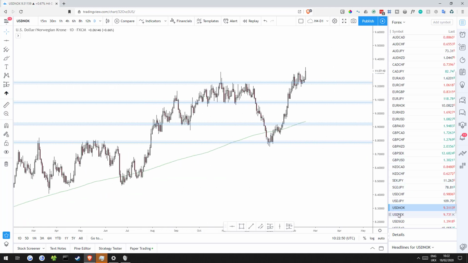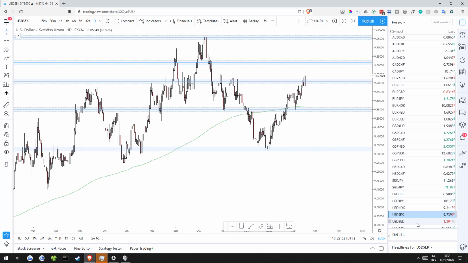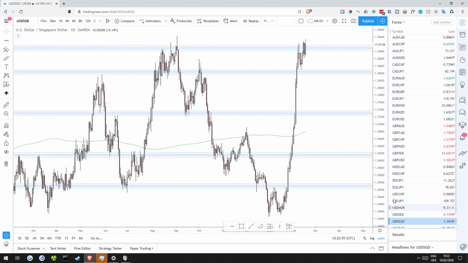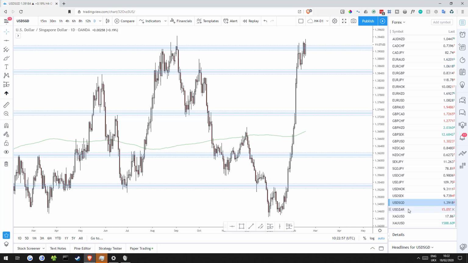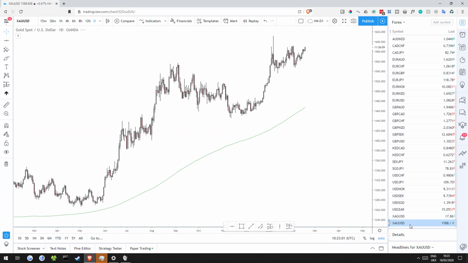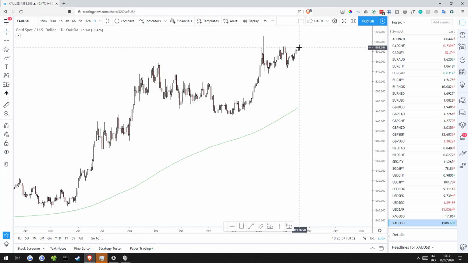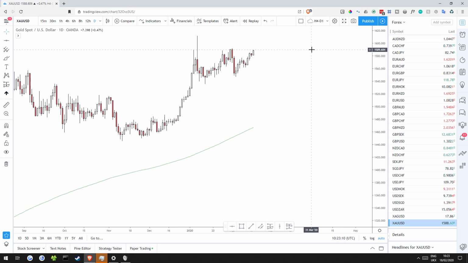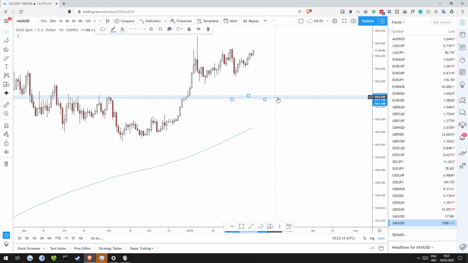All-time highs again. Gold and my support resistance is gone again on gold. Doesn't matter. No, it does matter because we do potentially have a short here on gold.